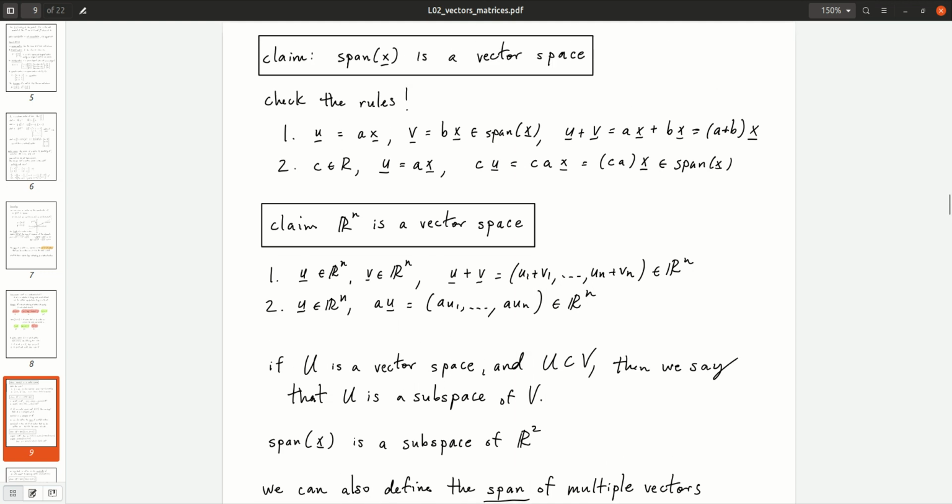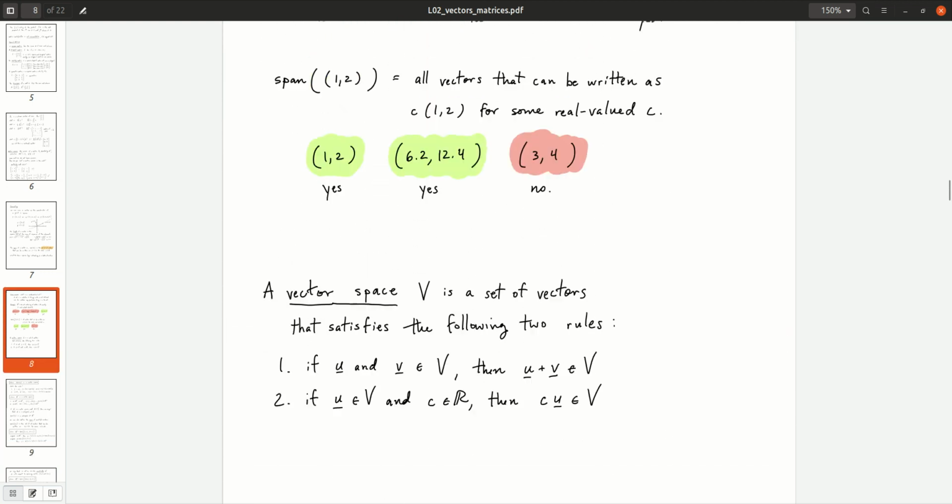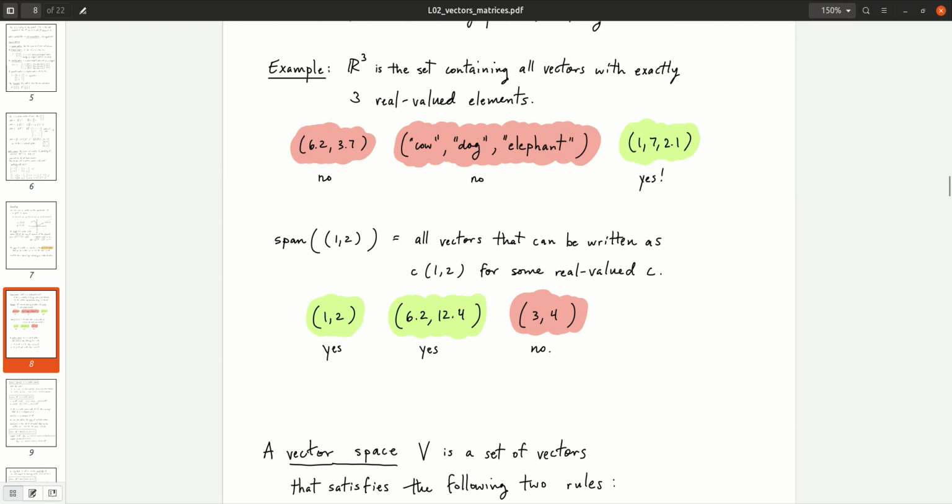So let's look back to the definition of the span of X. In this example, say X is (1, 2). The span is all vectors that can be written as a scalar times (1, 2) for some real valued scalar. So this is just going to be c times 1, comma, c times 2, where both of those elements are scalars and it's a vector of length 2.